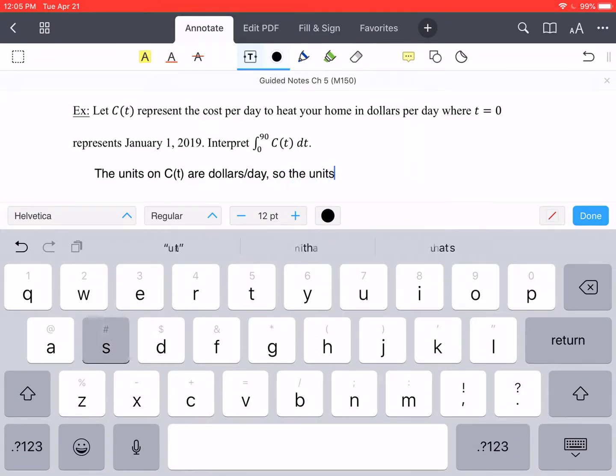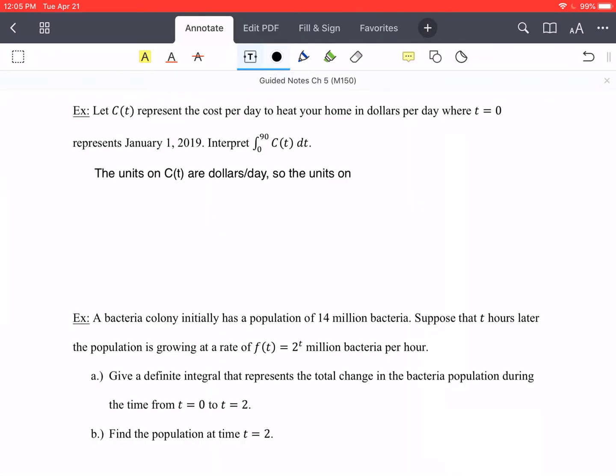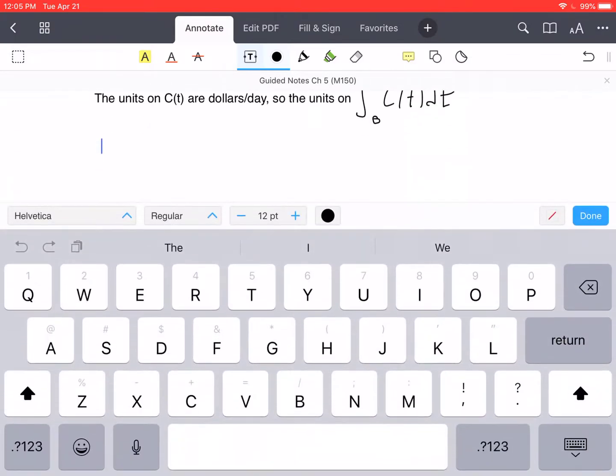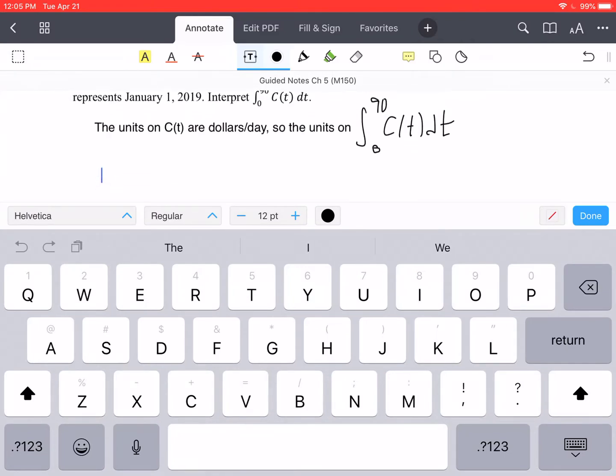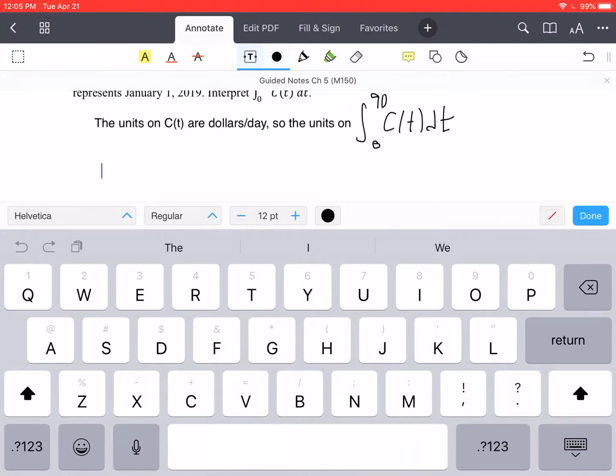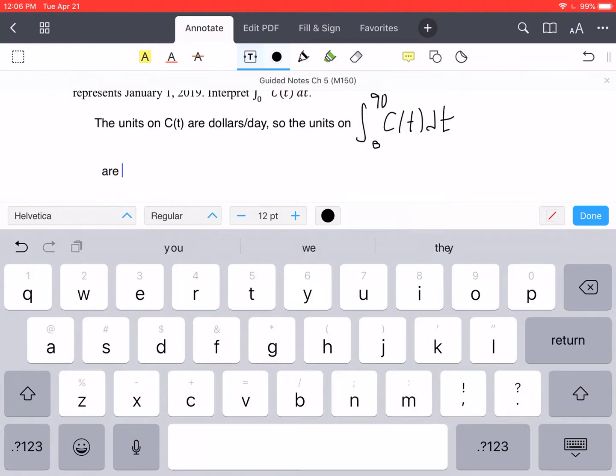So the units on the integral from 0 to 90 of C of t dt: if C of t represents the rate of change, cost per day, so how much the cost changes per day to heat your home, the units on the integral are dollars.